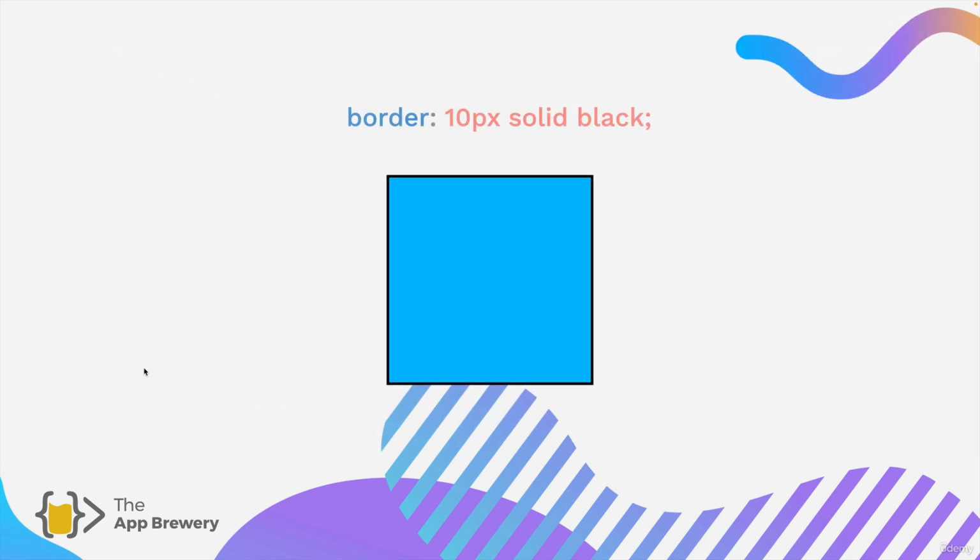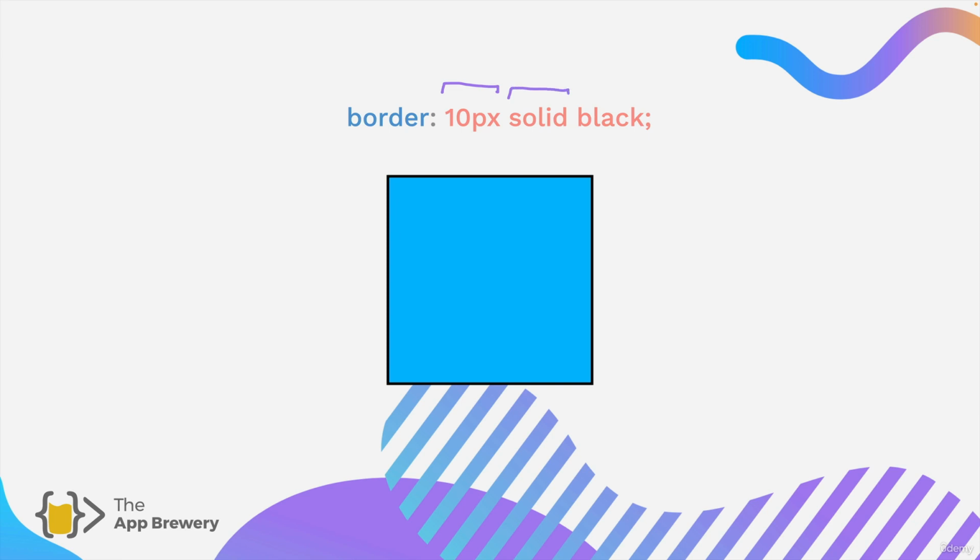In addition to width and height, we can also set a border on each of the HTML elements. If you imagine, again, each HTML element being a box, then this would be the border of the box. And the way that the border property works is a little bit different from what you might have seen before.